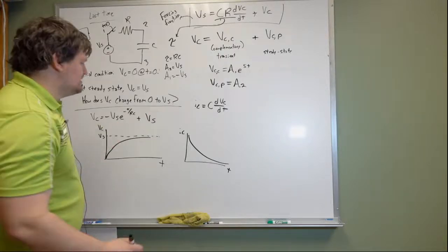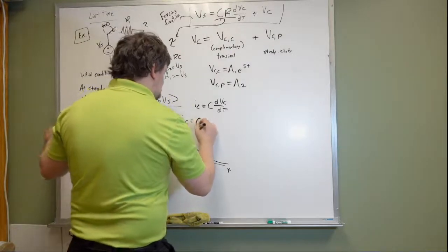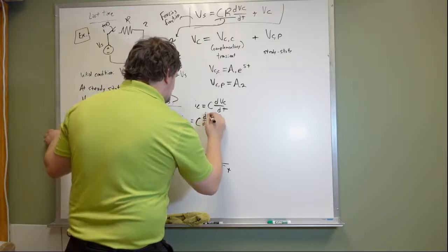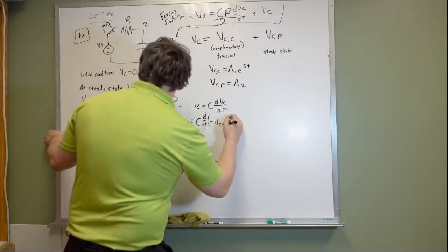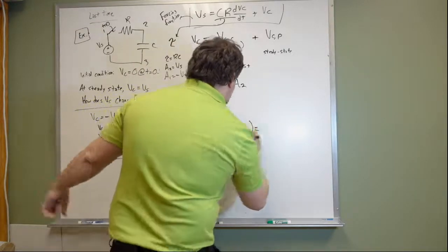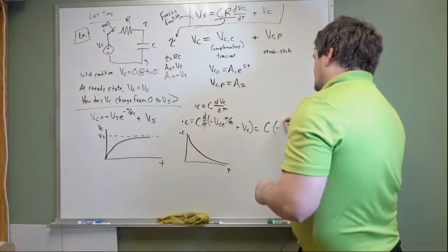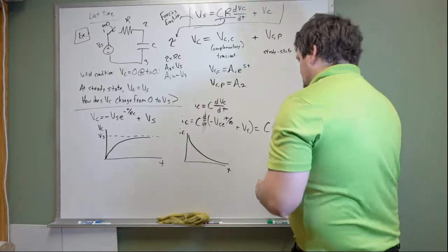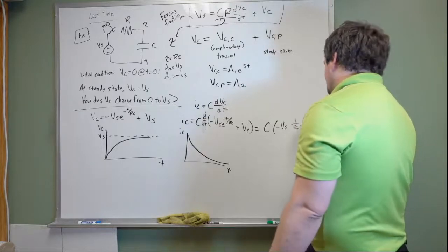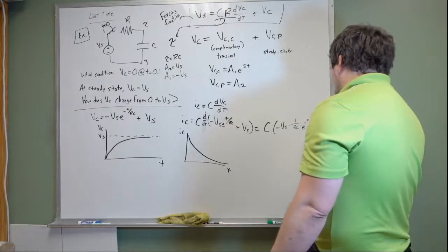Now, the curiosity here is the equation for IC is equal to C times the derivative d over dt of negative Vs e to the negative t over Rc plus Vs, which is equal to, the Vs drops out, C times negative Vs times negative 1 over Rc times e to the negative t over Rc plus 0.